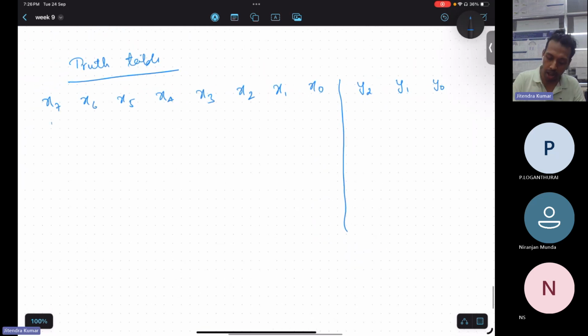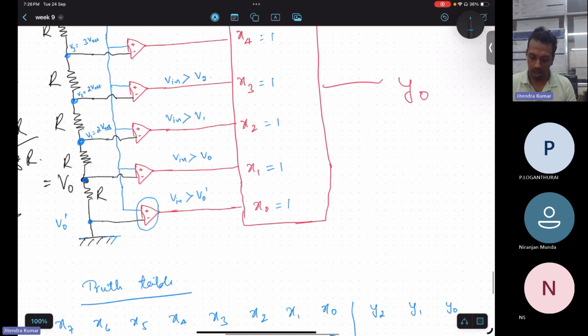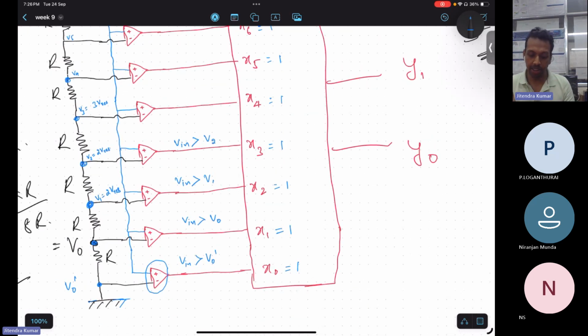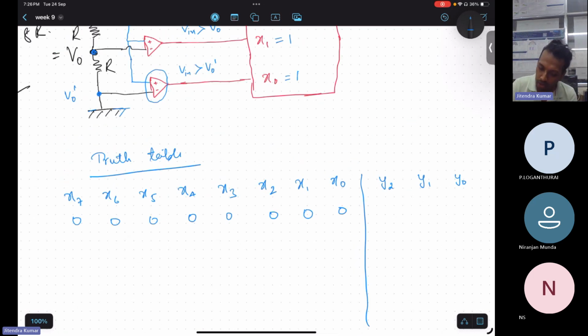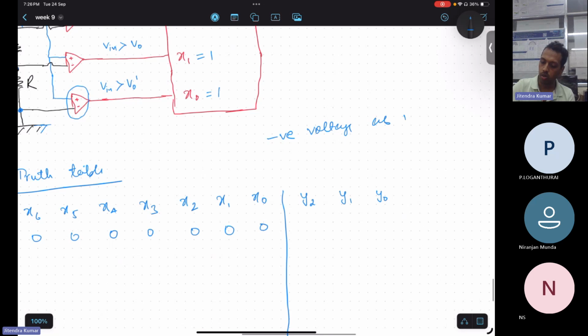Let us suppose all are 0. It means none of the comparators are on, right? It means the input voltage, which is connected to the non-inverting terminal, is lesser than all the levels. If you connect a negative voltage as input, what will happen?